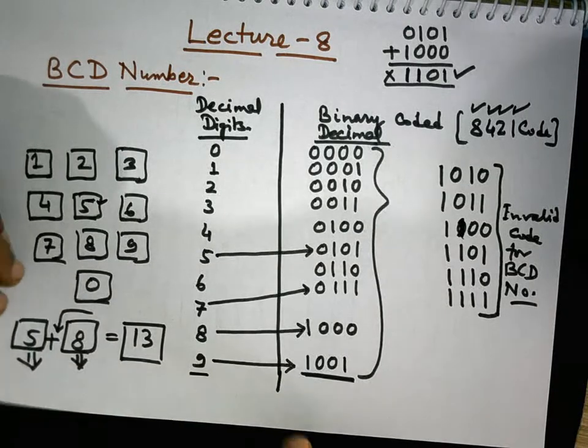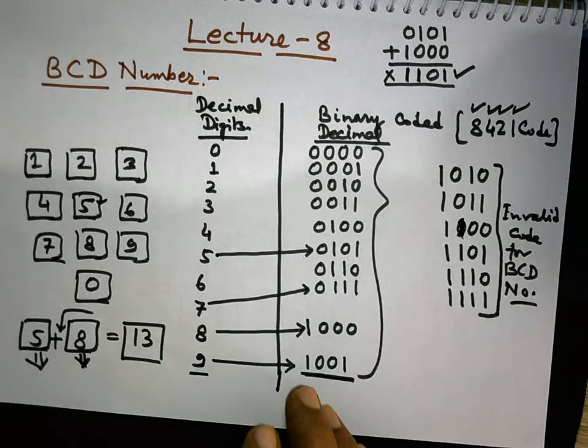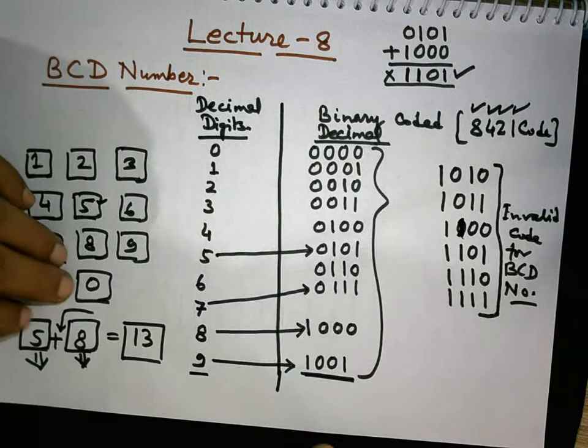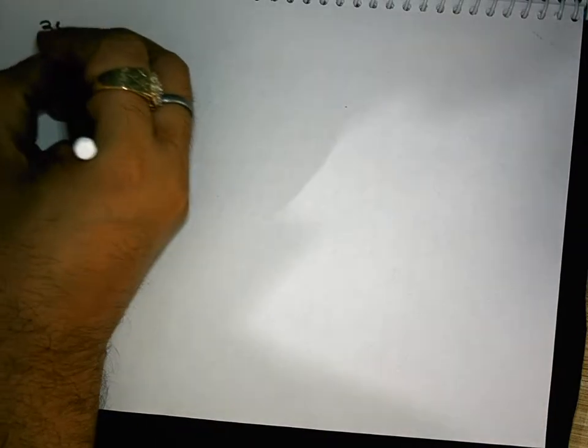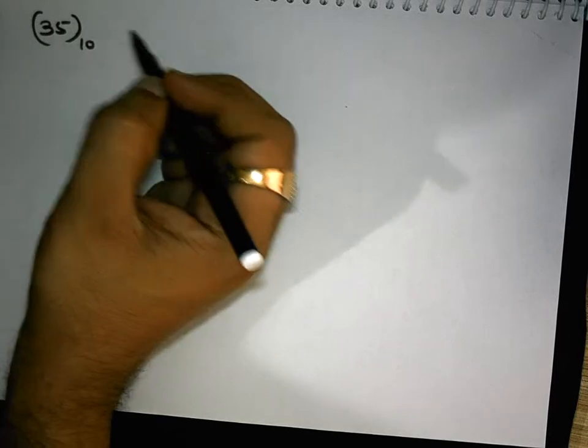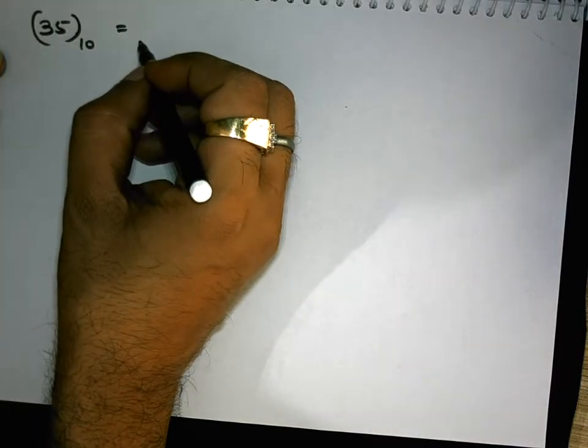So suppose somebody asks you to find the BCD equivalent of a given decimal number, then you can very easily establish that equivalence. Suppose the decimal number is 35, and you are asked to write its BCD equivalent.